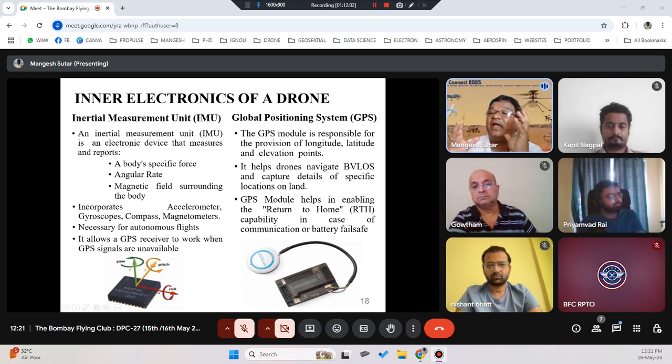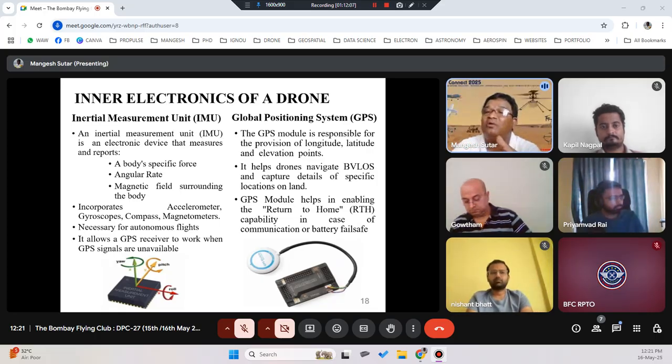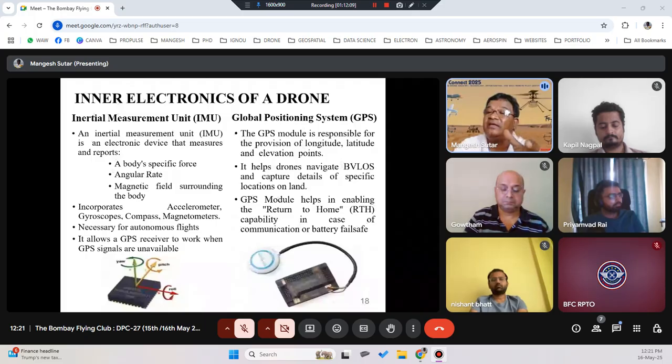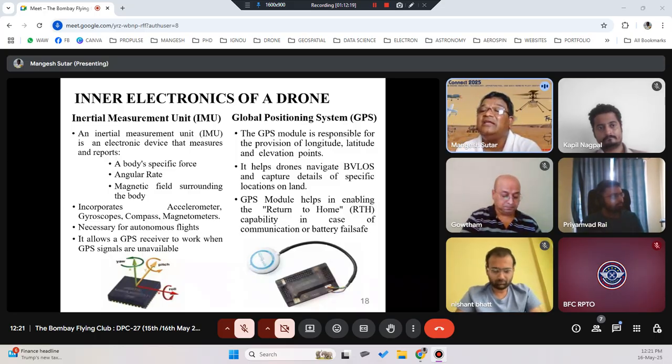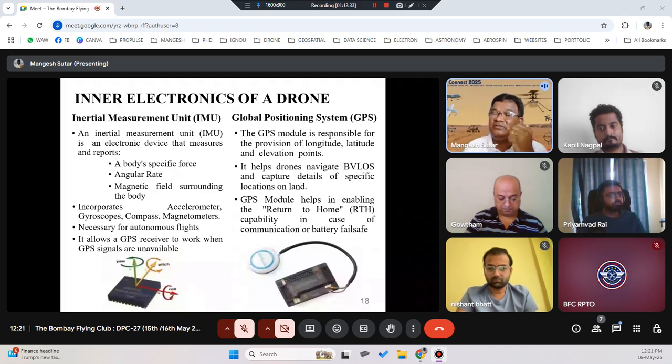As I was flying, my pilot was flying the drones near the power line towers. They went very close to the power line tower, near the wires. The wires were giving induction, and two of my drones got faulty because they went very close and were not magnetically shielded. We checked with DJI, and DJI told us that the earlier versions of Mavic drones were not magnetically shielded. So you have to fly at least 5 meters away from the tower.